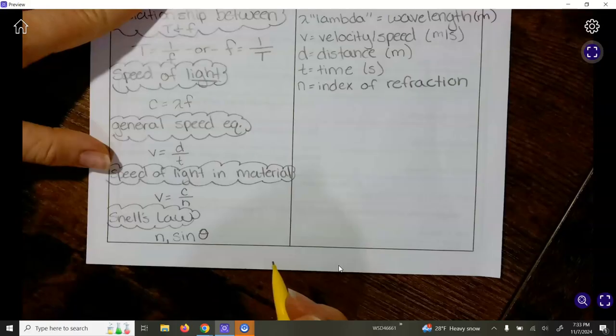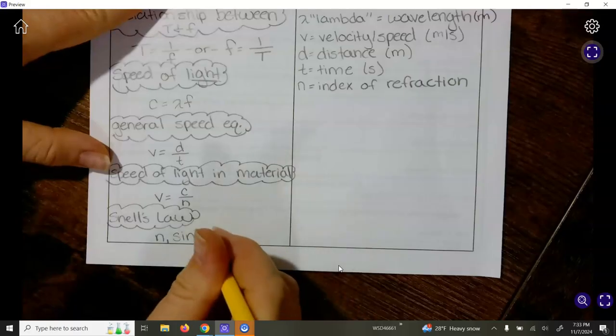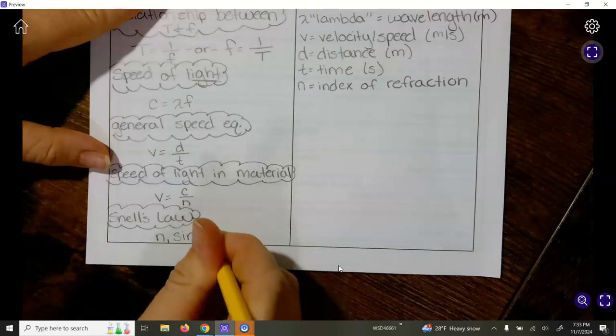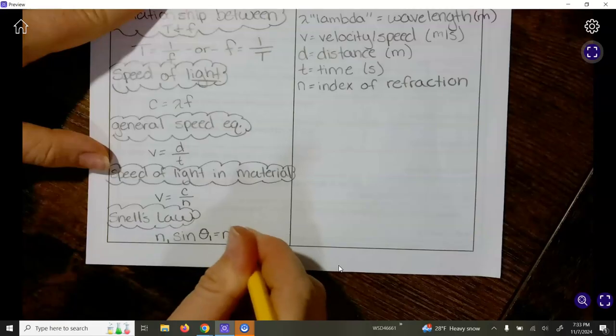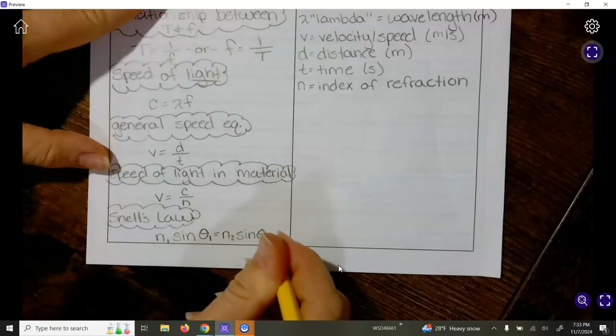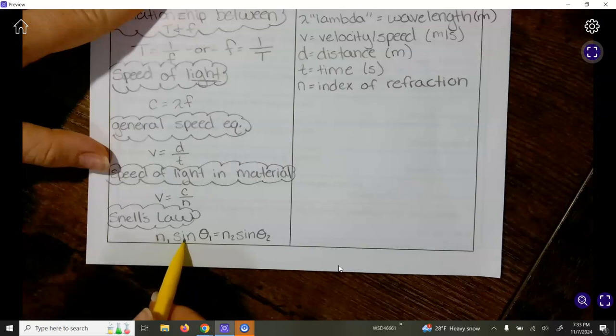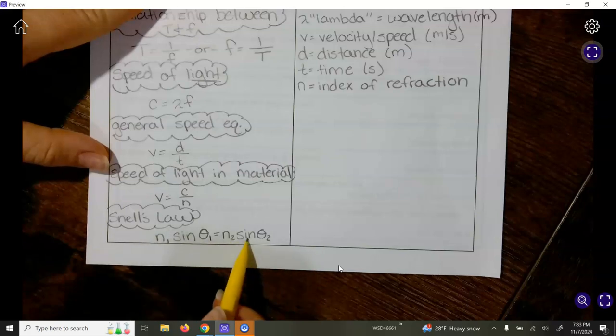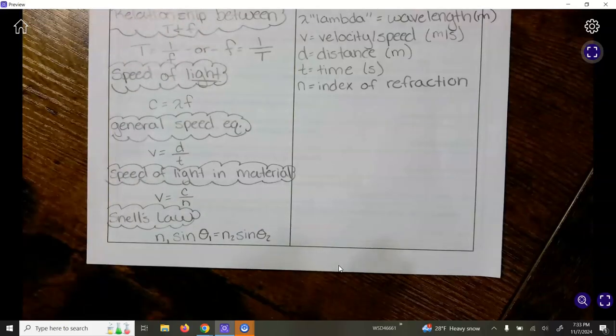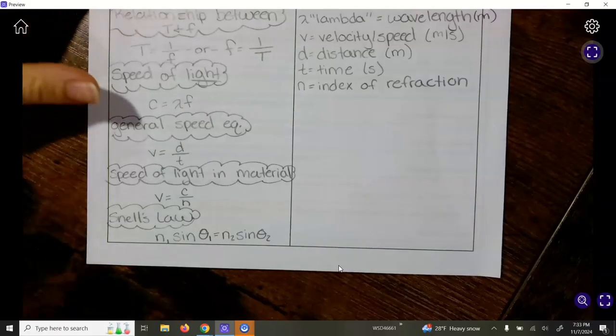It's like a big 0 or a big circle with a little hat across the top, sub 1. And that's going to be equal to N sub 2 sine of theta sub 2. So these are all multiplying. N sub 1 is multiplying by sine of theta 1. N sub 2 is multiplying by sine of theta 2. So most of the time we're going to divide if we're trying to move things around. But there is one special thing I do want to teach you in just a second.